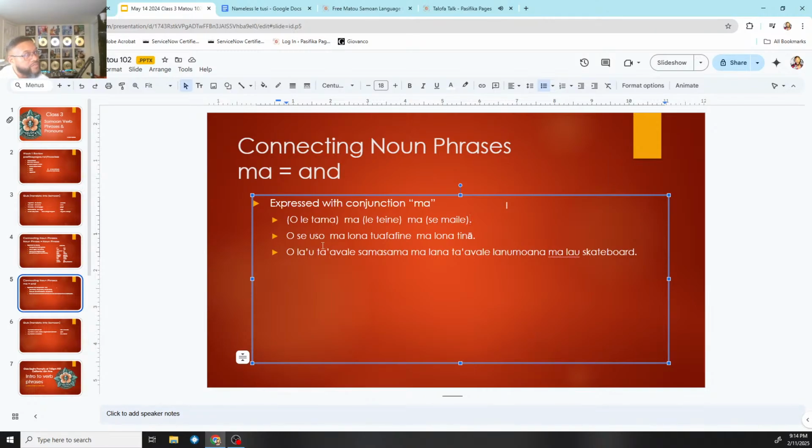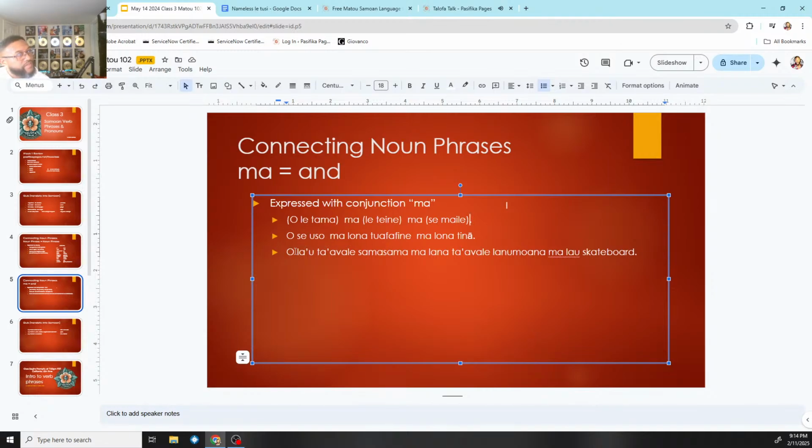So o se uso, ma lona tuofafine, ma lona tina: a brother and his sister and his mother.